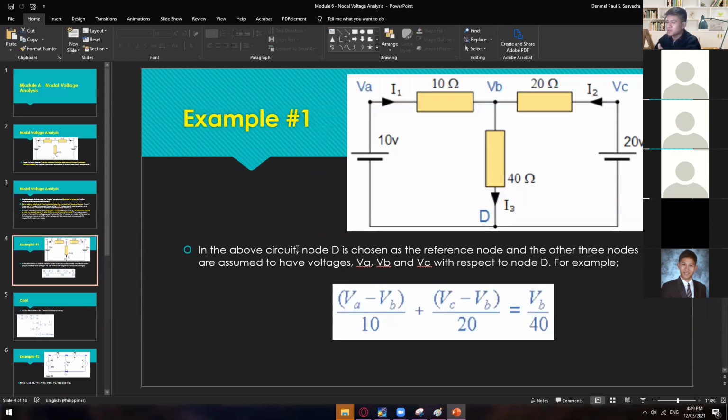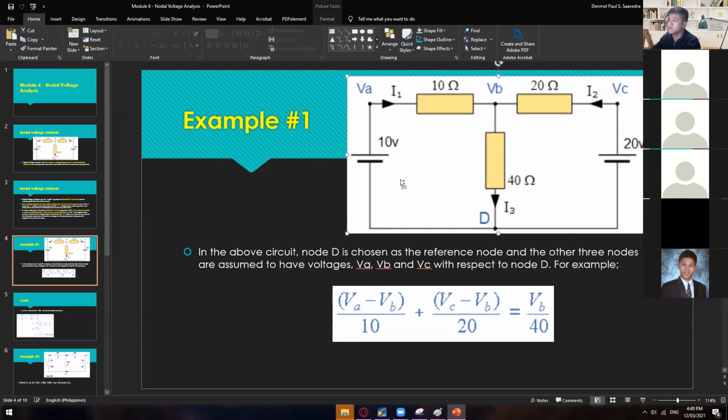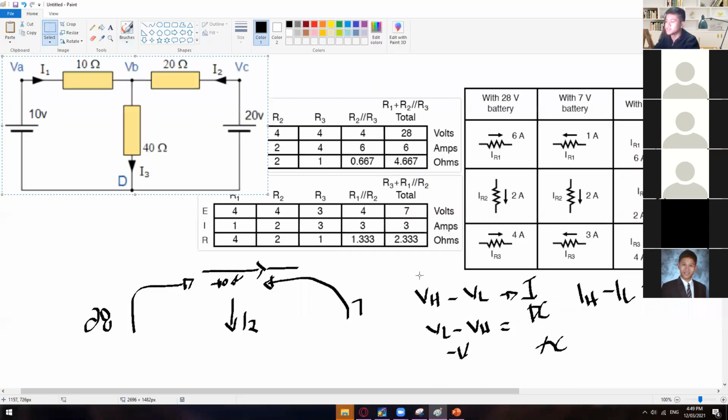Without further delay, let's proceed on how we get this equation using the KCL. Let me copy this one.